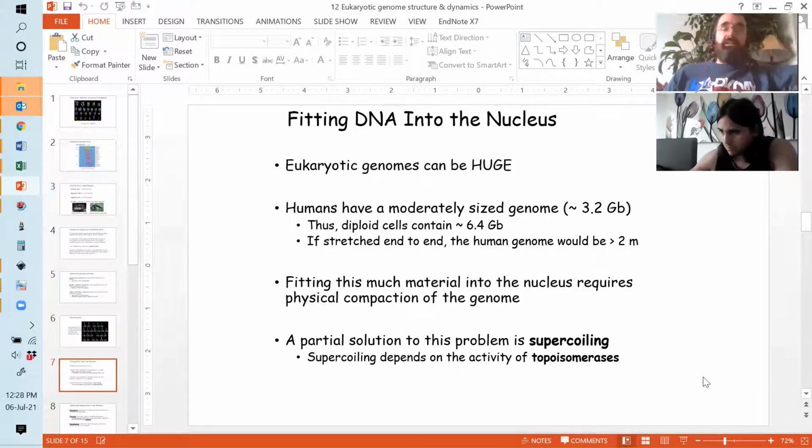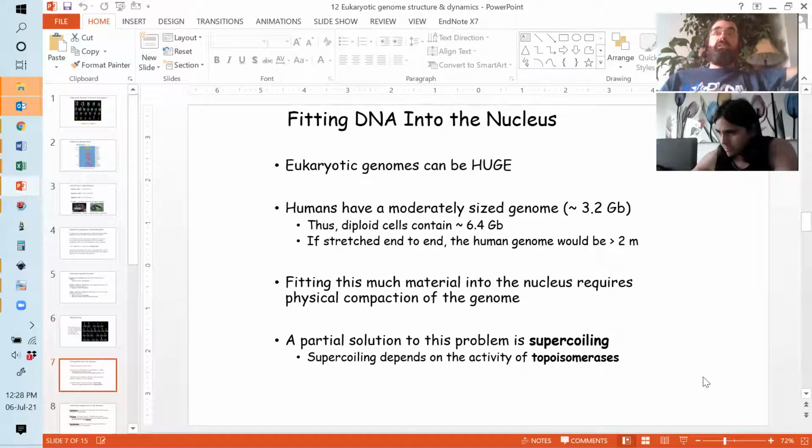However, whatever the case, DNA is a really large molecule. What is it, if you get all of the DNA from every single cell in your body and you stretch it out, it can reach the moon and back or something like that? Some kind of crazy amount of DNA. And nuclei are tiny, right?